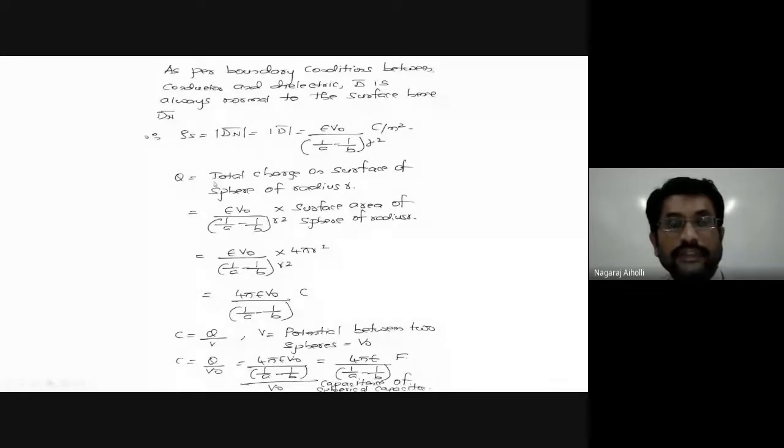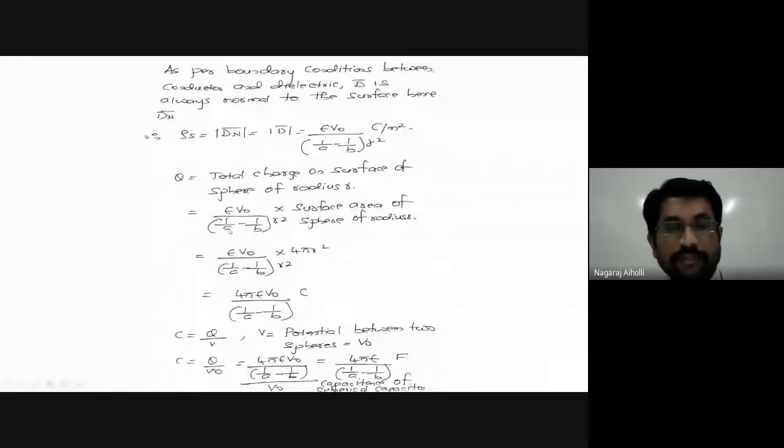It is charge per unit area, that is Q by A, or Q is equal to rho s into A. Rho s is this equation, epsilon V naught divided by 1 upon A minus 1 upon B R square, into the surface area of the sphere of radius r. Surface area of a sphere is how much? 4 pi r square. Multiplying with this, we get 4 pi epsilon V naught, R square and R square cancel, divided by 1 upon A minus 1 by B.